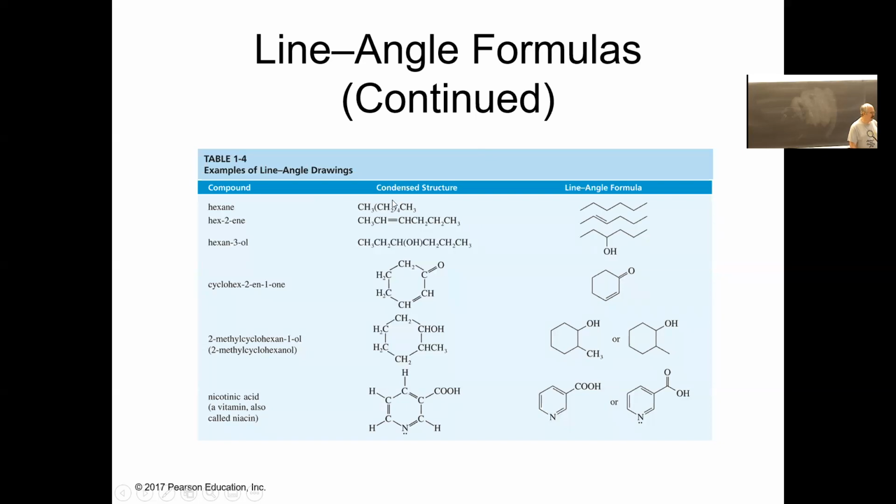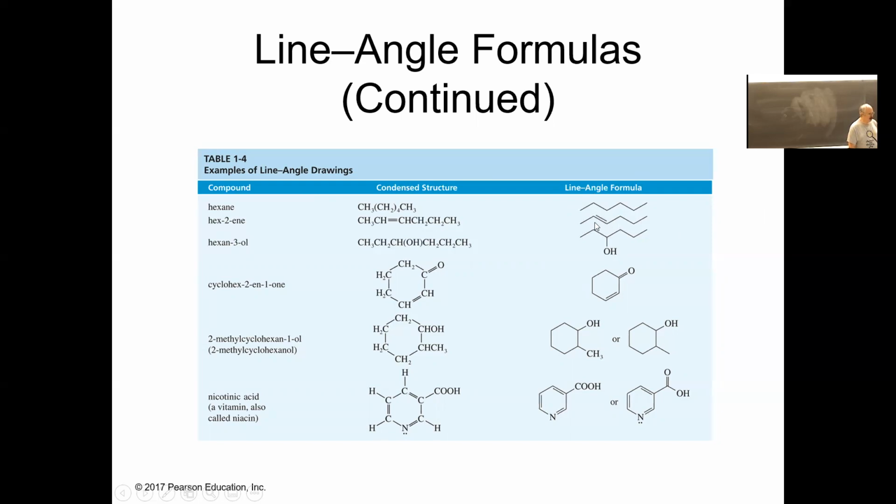Okay, here is hexane. It has 1, 2, 3, 4, 5, 6 carbons. Okay, here's one with a double bond. On the second carbon here, there are 3 bonds shown, two from the second to the third carbon, and then 1 between the second and the first.